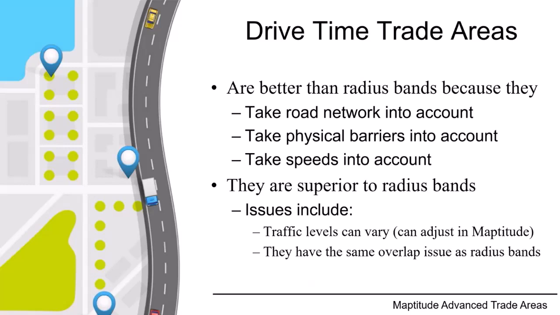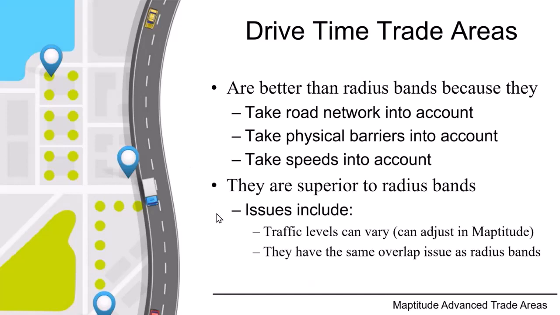So it makes it a little bit more realistic in terms of the consumer decision-making process of where to shop. But there are a few issues, such as drive times could vary depending on if it's rush hour or not. And there's issues with overlap. So let's take a look at that.